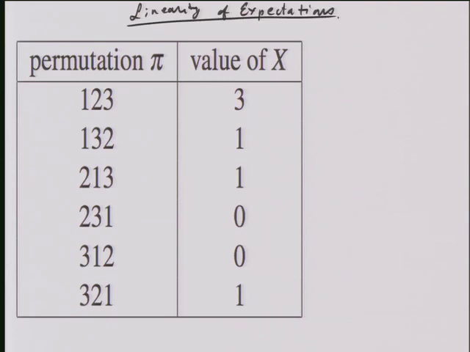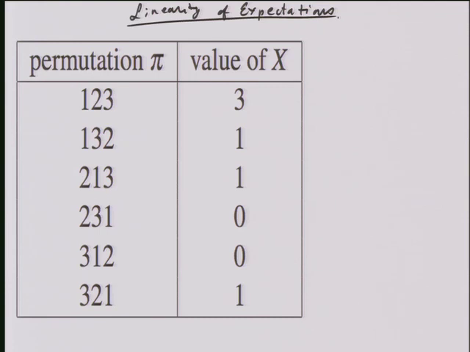So here's the example we are going to work on, which is the number of fixed points in a random permutation. Remember this example we had about homeworks and people, where we hand back to a random person, how many people get back their own homework. And so we said, this is the sample space.